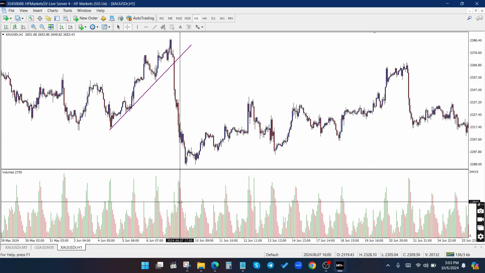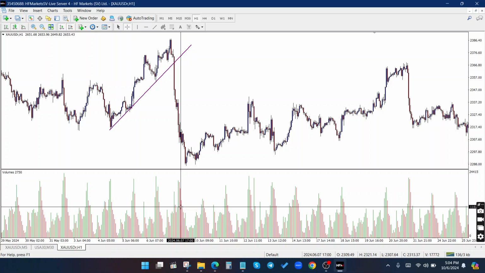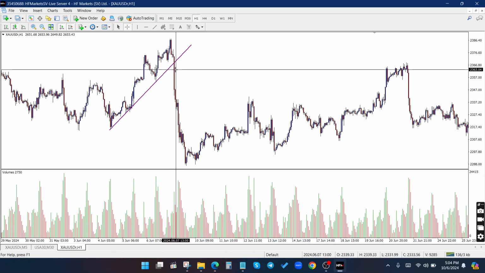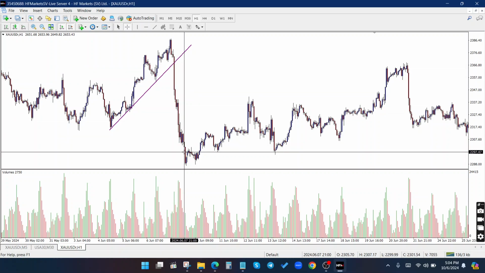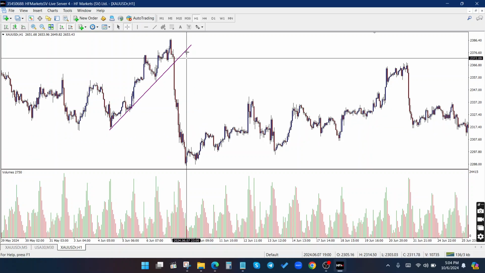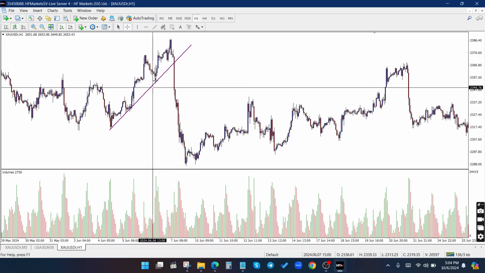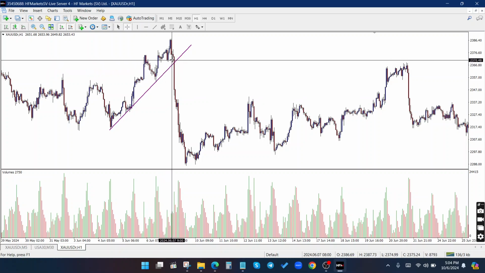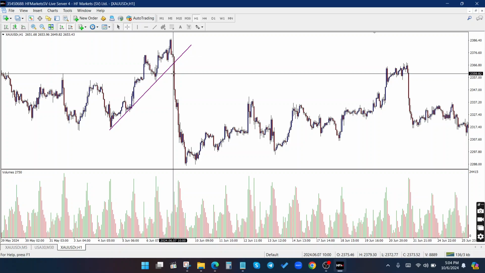See 20,000, 17,000, and like that. So the volume was decreasing and the price of the asset kept on decreasing. Now that decreasing volume can further emphasize the validity of that sell breakout.